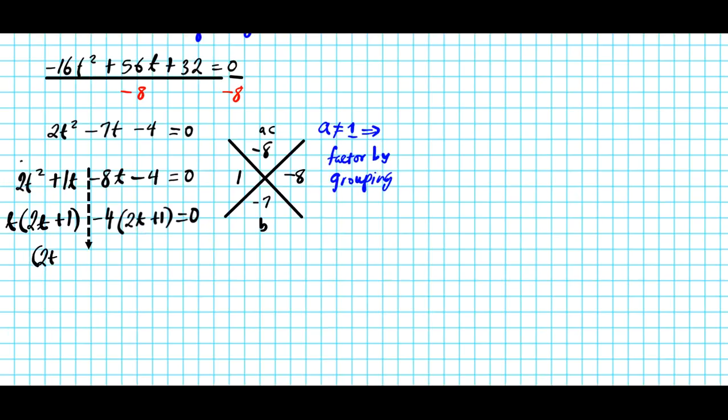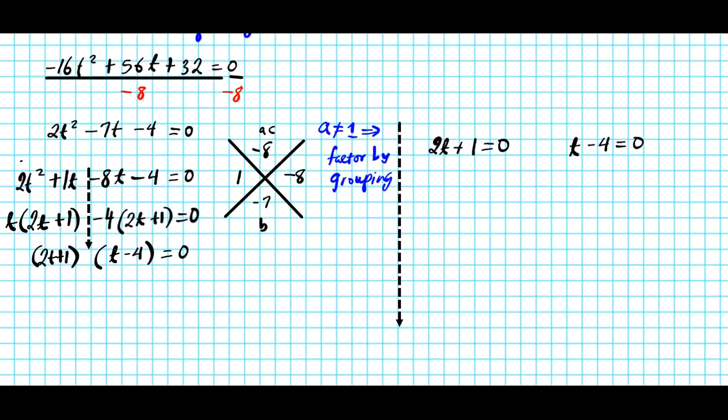We'll go ahead and factor them out, and we'll be left with t minus 4. Set that equal to 0. Now we implement the zero product property to finish this problem off. Take both quantities and set to 0. So 2t plus 1 equals 0, and then t minus 4 equals 0.